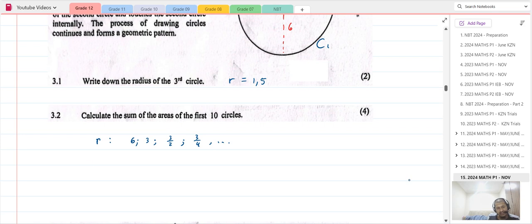So the area of the first circle is pi R1 squared, plus pi R2 squared. We are basically squaring each one, and then this is R3, plus dot dot dot, plus pi R10 squared.